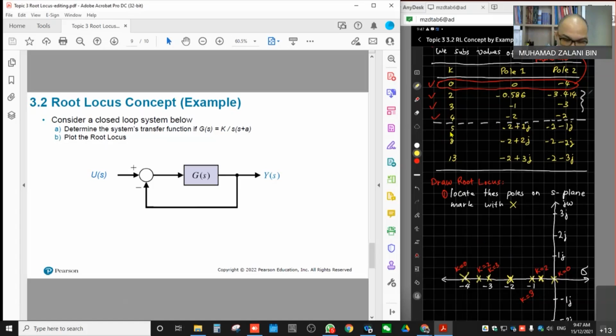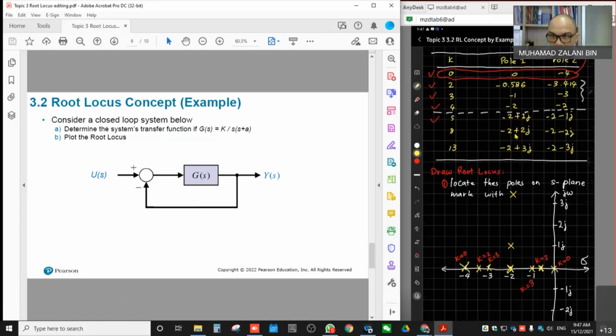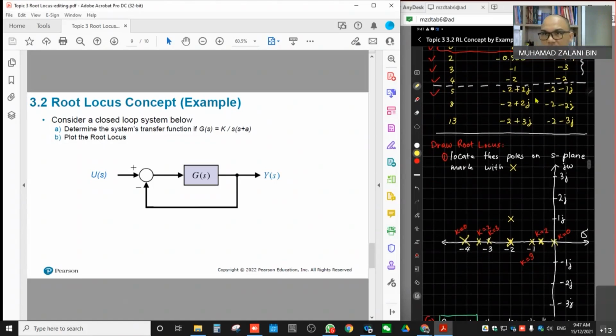When k equals to 5, let's see where is the pole location. The first pole will be -2 plus 1j. So -2 plus 1j is somewhere around there. And then -2 minus 1j is here. Alright.